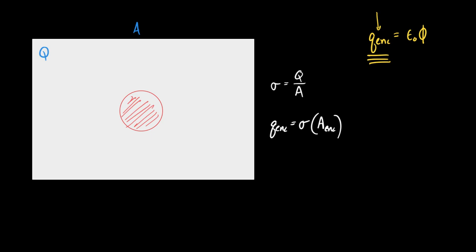In this case, they didn't give us sigma. Sigma is a placeholder for us to drop in Q over A, something they probably did give us, the area of the plates and the charge on the plates. So it's unlikely for them to have just sigma there, or unlikely to have lambda. But we have seen situations in which they've given us lambda, or our expression might end up with lambda in it for the electric field. We've had that happen before.